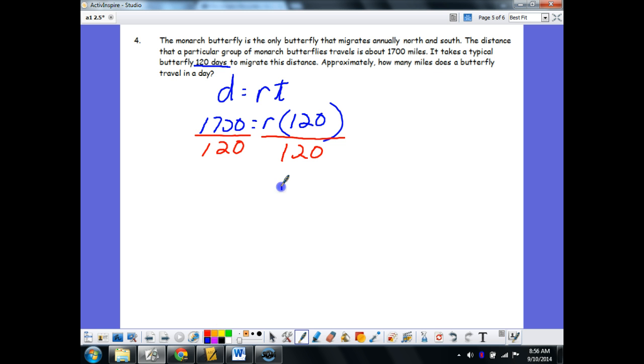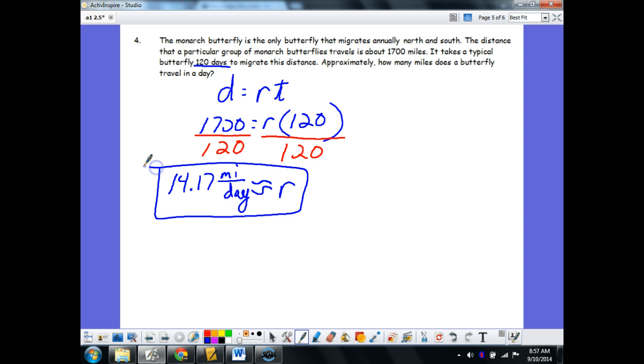So then r is approximately equal to, because I don't believe that comes out evenly, when I take 1,700 and divide it by 120, approximately 14.17 miles per day. Don't forget to label with the proper units.